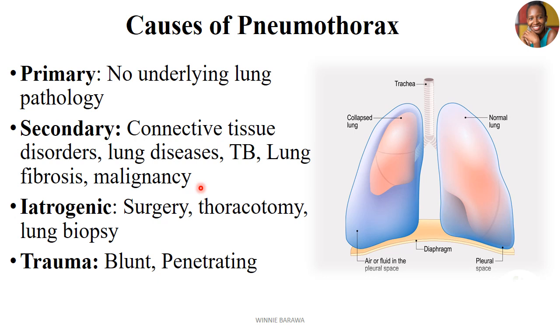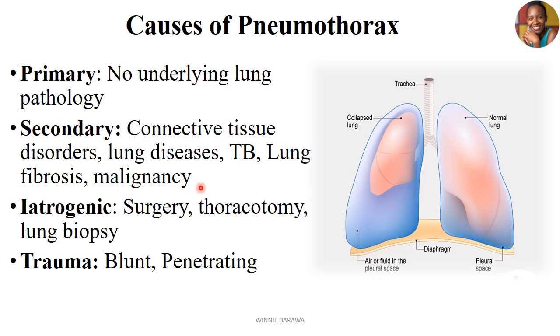Then the other bit is iatrogenic. Iatrogenic causes are causes due to invasive procedures, with examples like surgery. So during surgery, you can have lung tissue injuries that can cause air leakage, or you can have chest wall damage that can cause openings and allow air to come in from the atmosphere. But you can also have thoracotomies and lung biopsies.